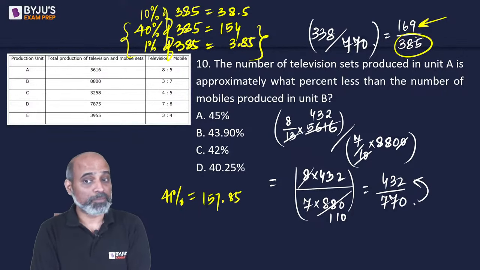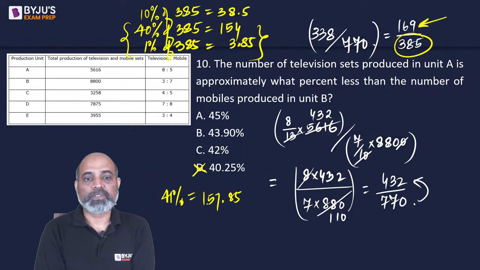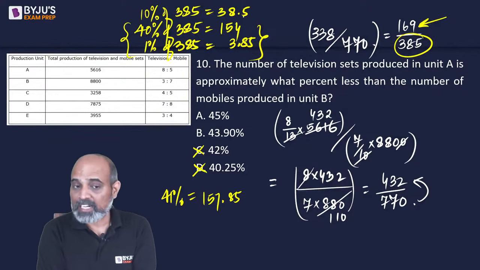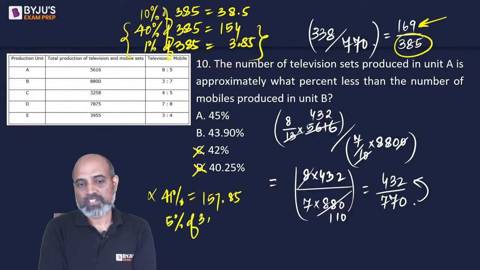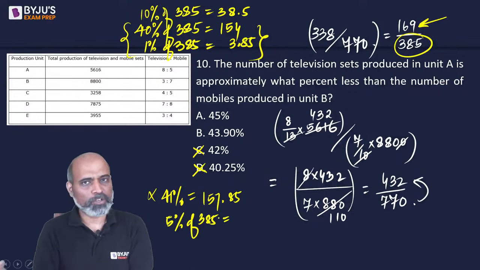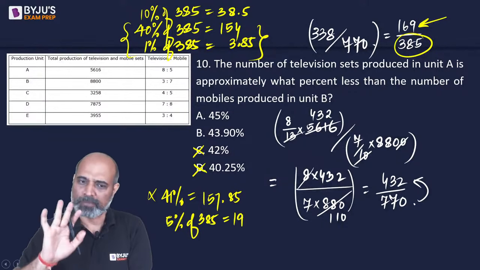We had to reach 169, and we haven't reached there yet. So it is definitely not 40%. It definitely doesn't look like 42. Let's calculate 45%. If 10% is 38.5, then 5% will be half of that. Instead of half of 38.5, let's take half of 38, which is 19 approximately.